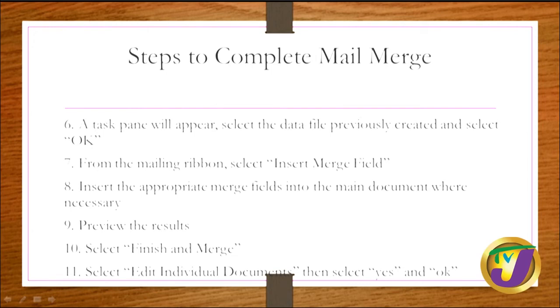Okay, so to better understand these steps, we're going to do a quick run-through of how to complete the mail merge. So let us move over to our other documents that we are going to be using to complete mail merge. So we're opening up the main document, which is a Microsoft Word file.